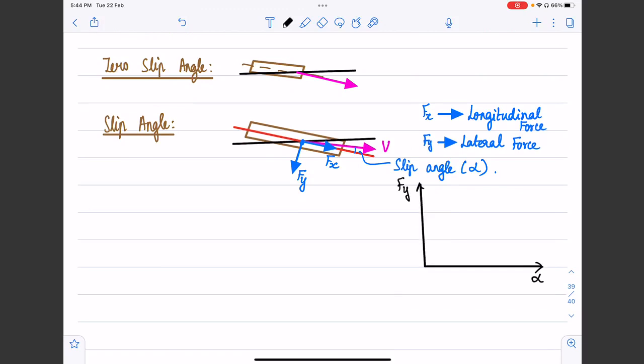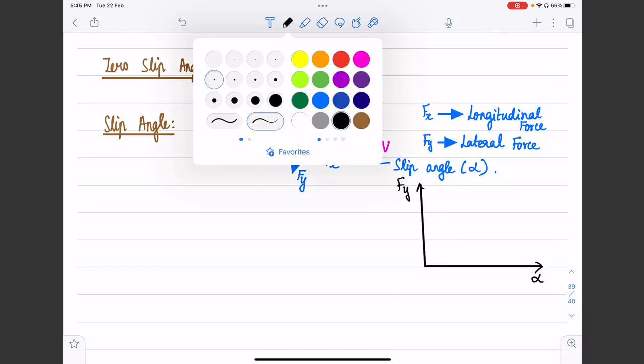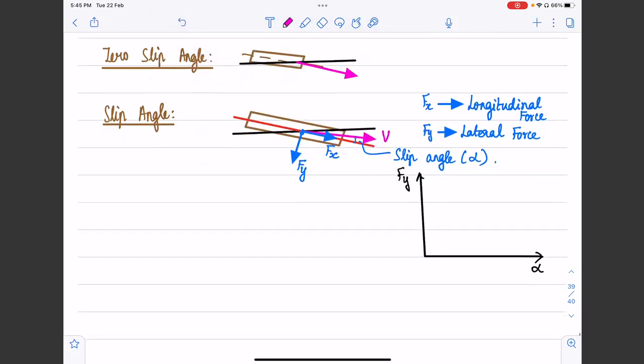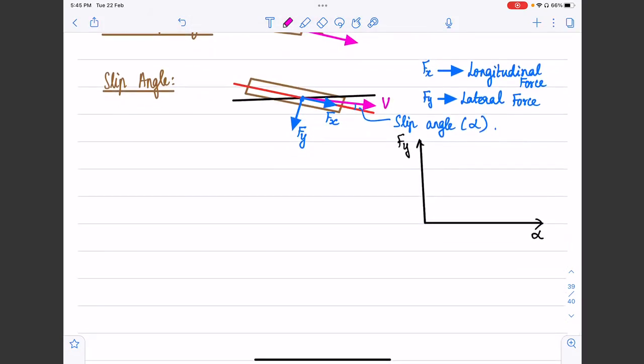But right now, we will consider what is called the pure slip model. So we are only going to consider lateral slip. The relationship between the lateral force and slip angle is going to be something like this. In the initial part it is going to be almost linear, and then it will reach a peak and start decreasing.